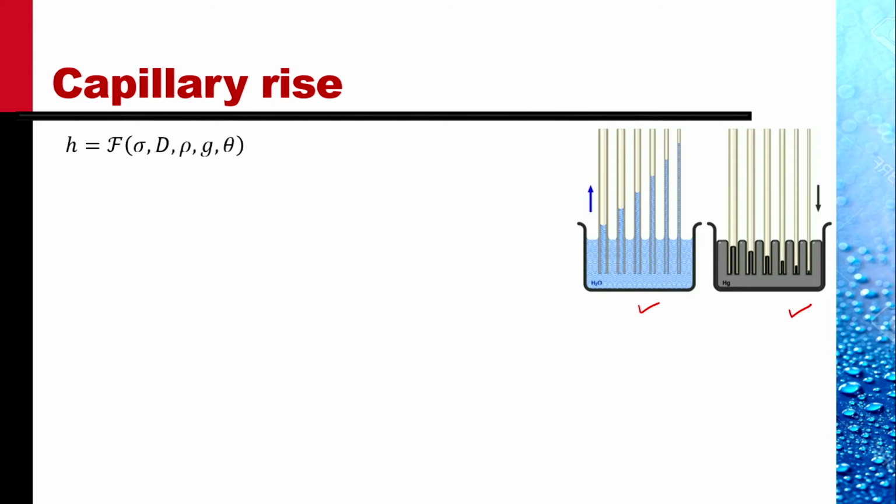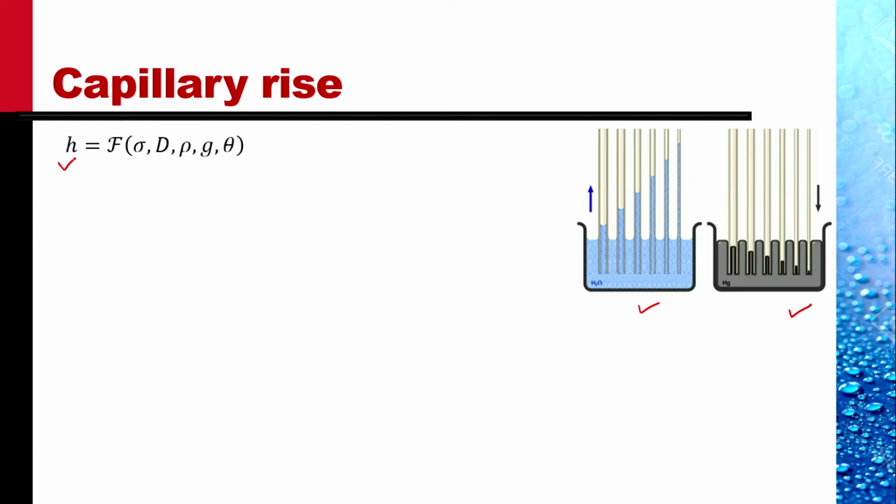The H, the capillary rise or capillary depression, is a function of sigma, the surface tension, d, the diameter of the capillary, rho, the density of the liquid, g, acceleration due to gravity, and theta, the wetting angle, the angle that the surface makes with the horizontal.